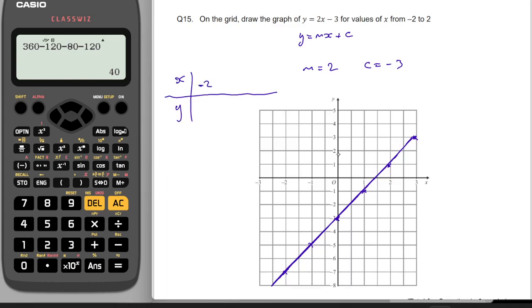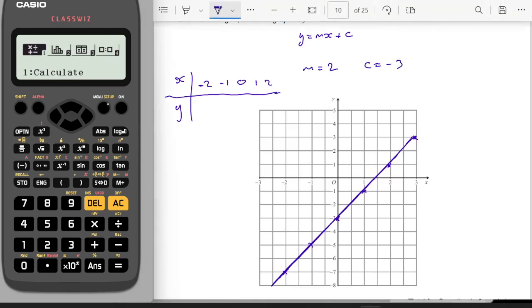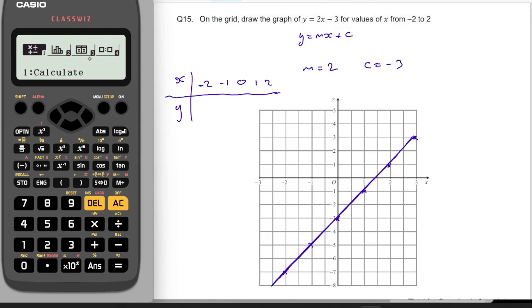I'm actually going to do them all, but you don't need to, because I'm going to show you the table function on your calculator, which can help for questions like this, for harder questions as well. So my table value is table 3, and the equation that I want is 2 lots of x, so 2 alpha x minus 3. I don't need a second function, so my starting value is minus 2.